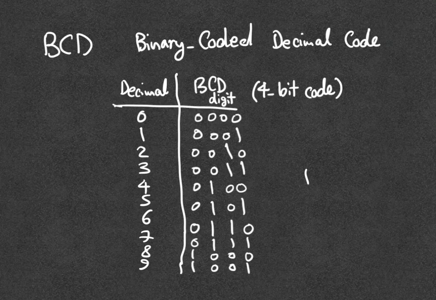So from 1010 through 1111, the rest has no meaning in BCD.